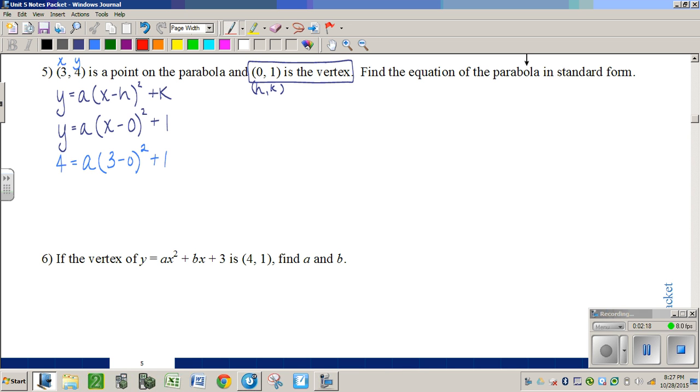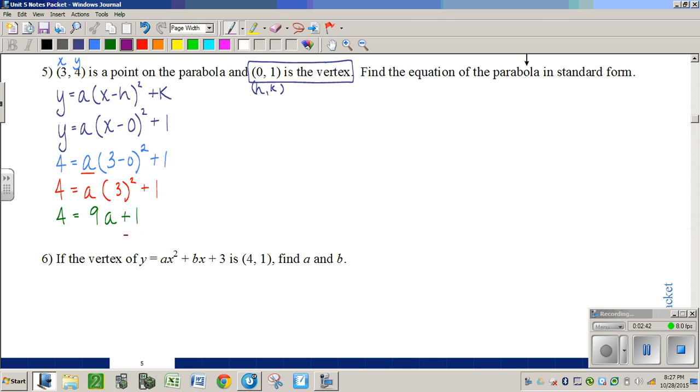The only thing we have left to solve for now is a. So I'm going to simplify everything here. We have 4 equals a times 3 squared plus 1. Making sure I follow my order of operations, I'm going to square 3. So this is 4 equals 9a plus 1.